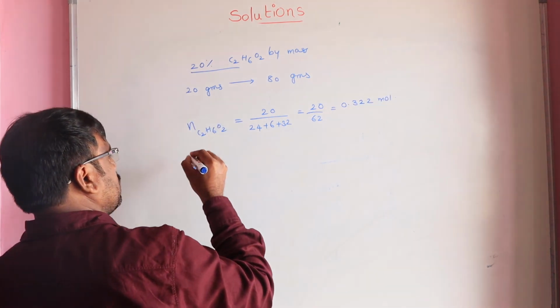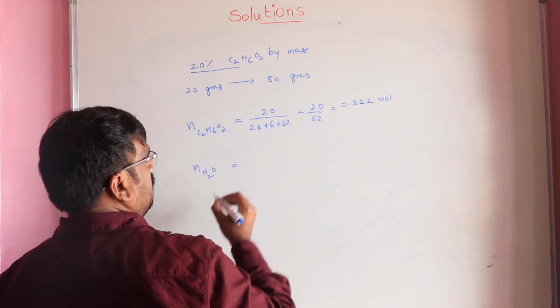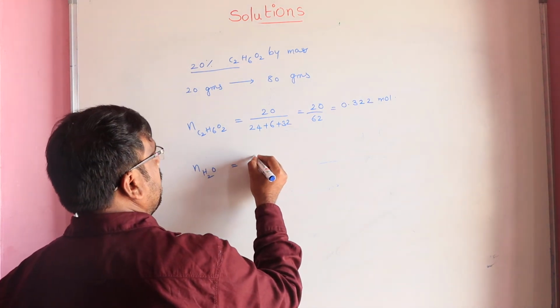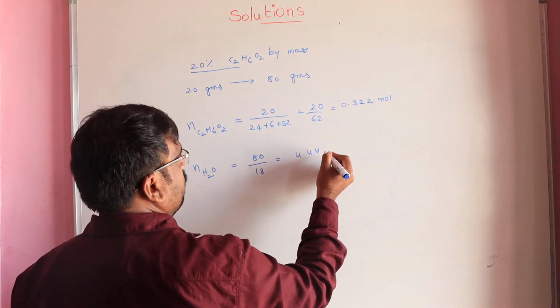Next, the number of moles of H2O is 80 by 18, which is 4.44 moles.